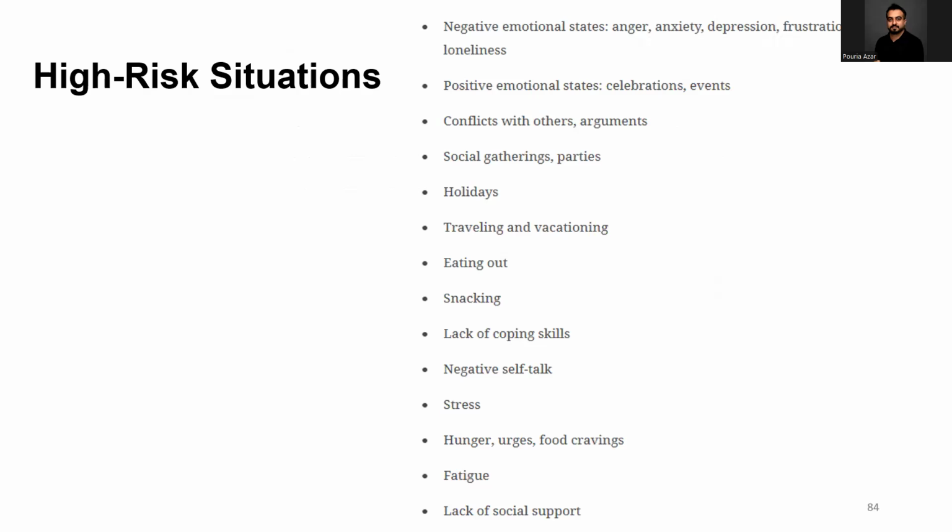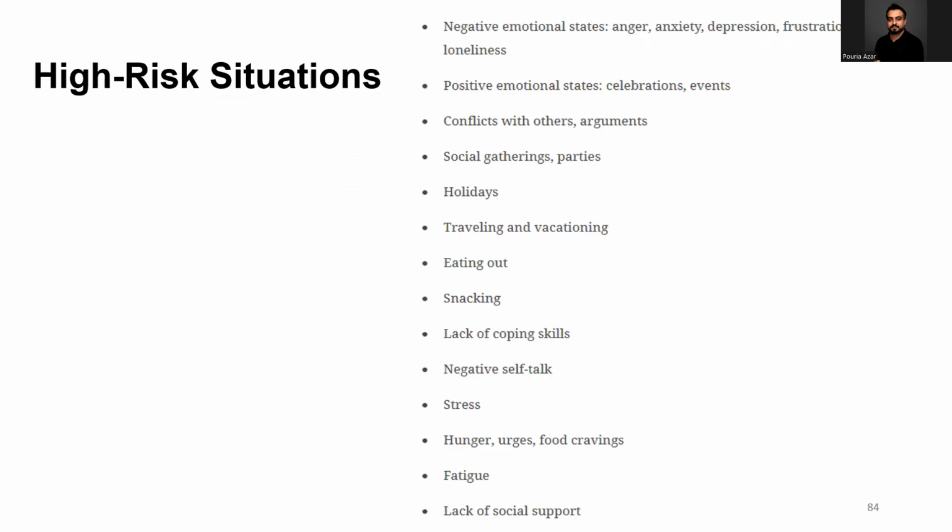Here are some examples of high risk situations. For example, eating out, holidays, traveling and vacationing, snacking, stress, fatigue, hunger, urges, food cravings, lack of social support, lack of coping skills, negative self-talk.